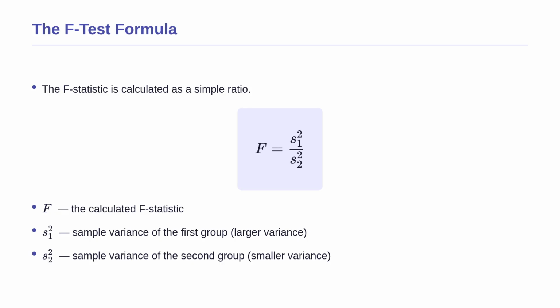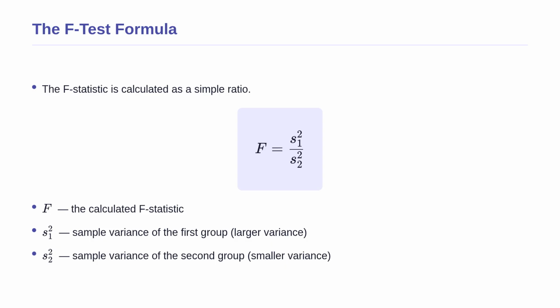Having understood the concept, let us look at the mathematical formula for the F-test. The formula is beautifully simple. It is just a ratio. F equals S1 squared divided by S2 squared. Here, the symbol F represents the calculated F statistic, which is the final number we use to make our decision.